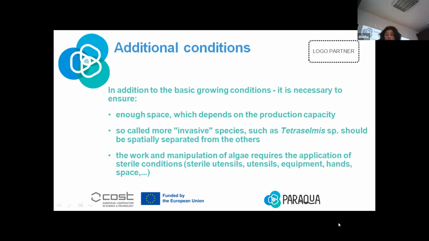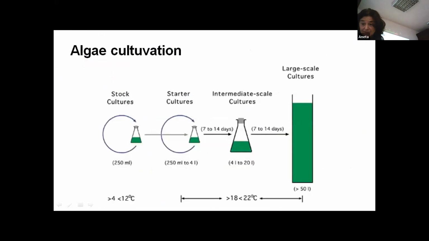Then some additional conditions that are necessary are enough space, then separating invasive species like Tetraselmis, and taking care that algae requires sterile conditions, which means sterile utensils, equipment, hands, space, everything, and we have to think about it all the time.